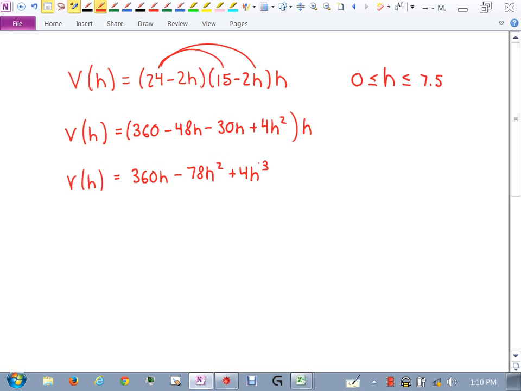Is that all right? Now, to do the maximum minimum on a closed interval, we take the derivative. We find the critical numbers, so we take the derivative, set it to 0, figure out where it's undefined. So here comes my derivative. The derivative, V prime of h, is equal to 360 minus 156h plus 12h squared.